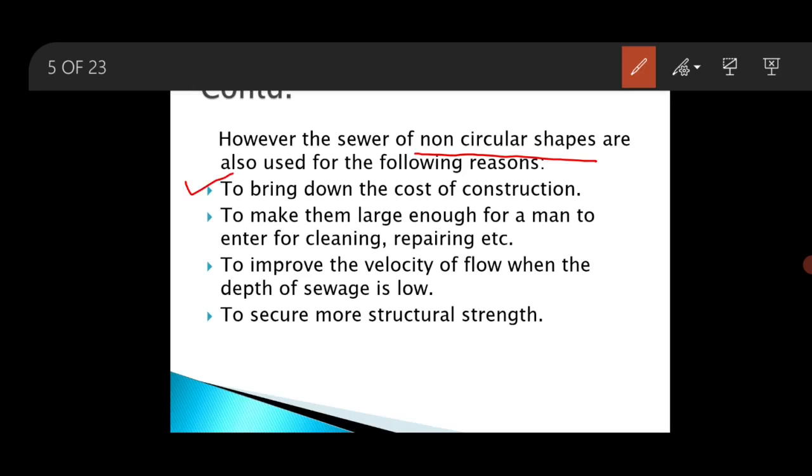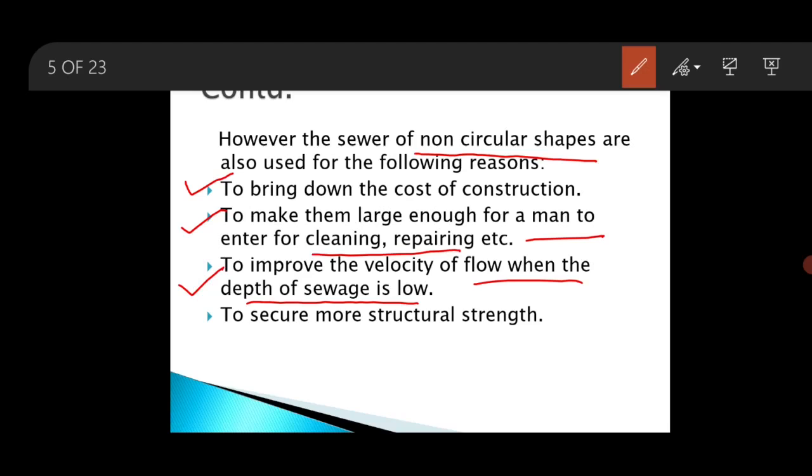They are provided in order to bring down the cost of construction, to make the sewer large enough for a man to enter for cleaning and repairing purposes, and to improve the velocity of flow when the depth of sewage is low, as we just discussed that circular sewers show very poor performance when the discharge of sewage is low.